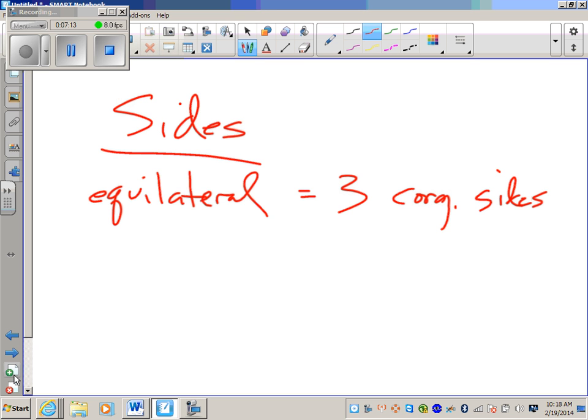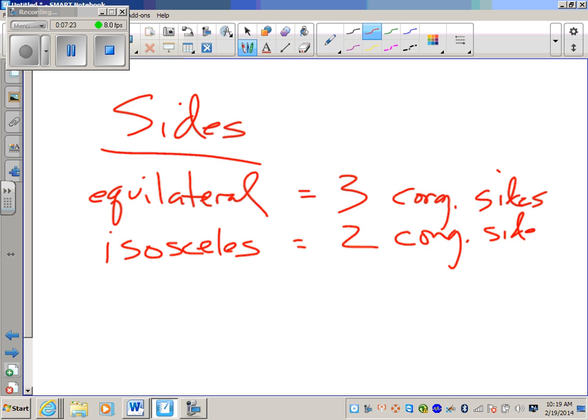An isosceles essentially is two congruent sides, and a scalene has zero congruent sides. None of the sides are the same.